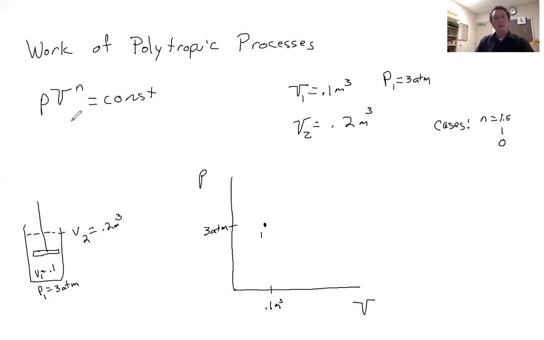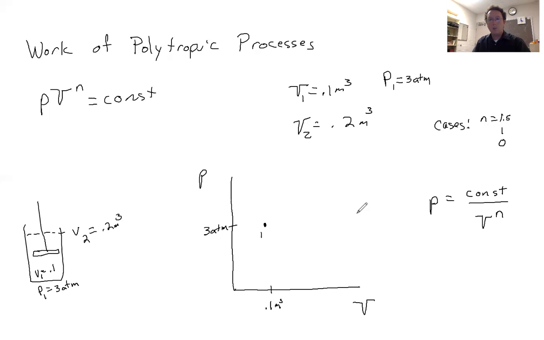Before we calculate numbers, it's helpful to have an intuition for this. So let's rewrite the polytropic relationship to say P is equal to some constant divided by the volume to the nth power. Then let's consider what happens when n is equal to each of these different numbers. Maybe 1 is an easy one to think about.